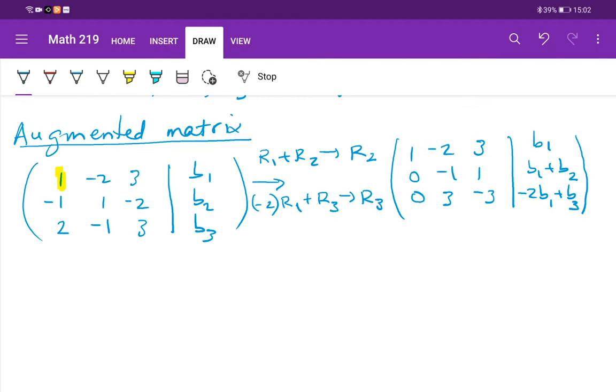So now we look at the second column, and we want to get a leading 1, hopefully in the 2, 2 position. The second row is non-zero, and the 2, 2 entry is non-zero, so we can make this into a leading one just by multiplying the second row by -1.